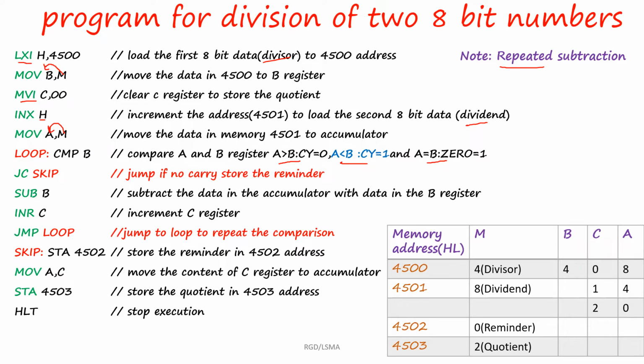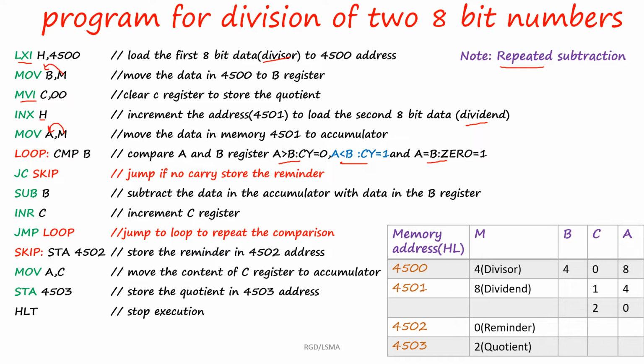If the accumulator data is greater than the B register data, no carry is generated, which means the carry flag is reset. If A is less than B, the carry will be generated, so the carry flag will be set. When A is equal to B, the zero flag will be set. That is how to understand the compare operation of the 8085 processor. Based on this, we can now do a repeated subtraction.